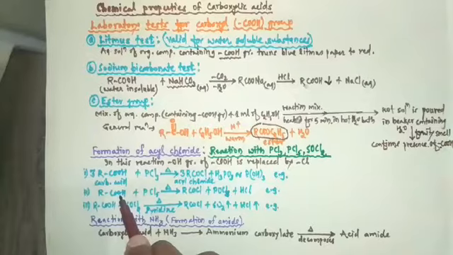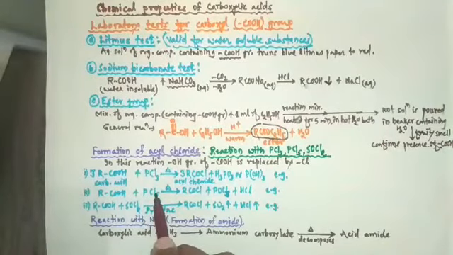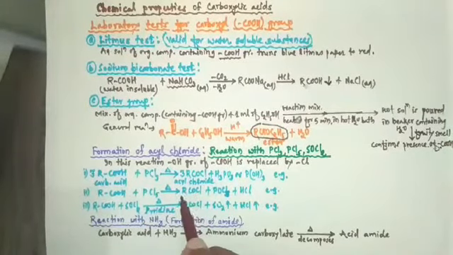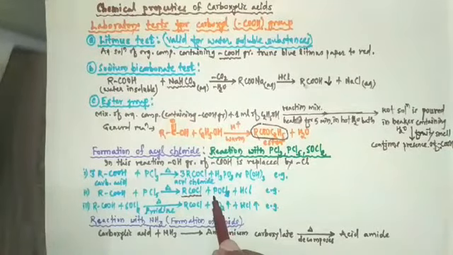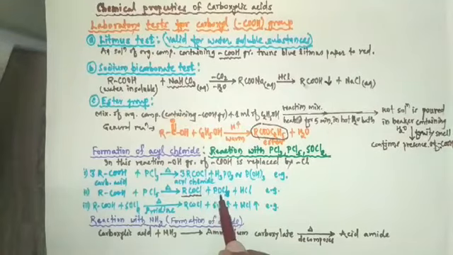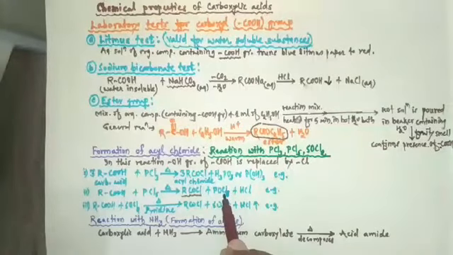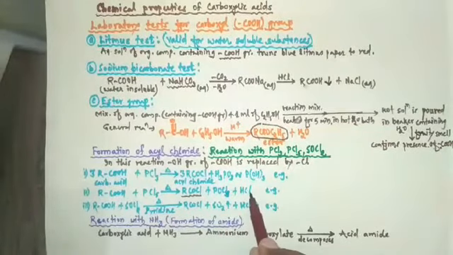A carboxylic acid on heating with phosphorus pentachloride forms the corresponding acyl chloride with byproducts. The first byproduct is POCl3, that is phosphorus oxychloride, and the other byproduct is HCl.